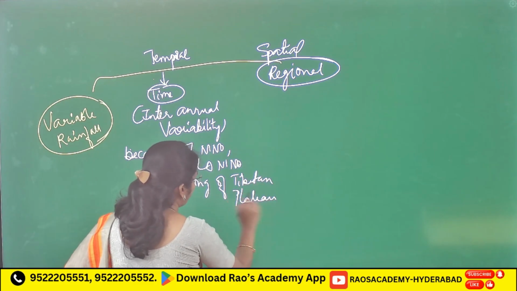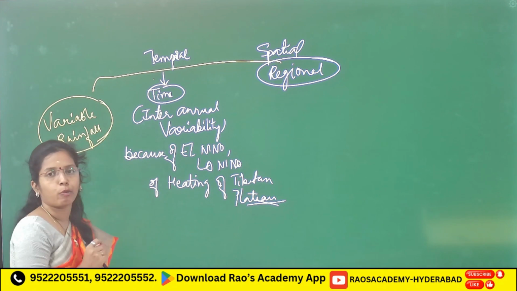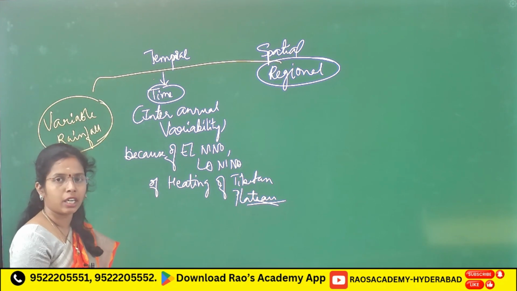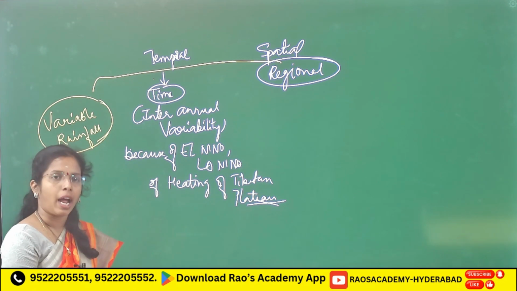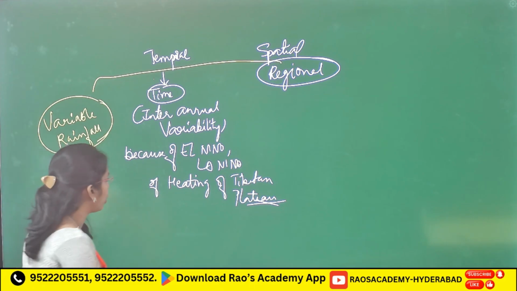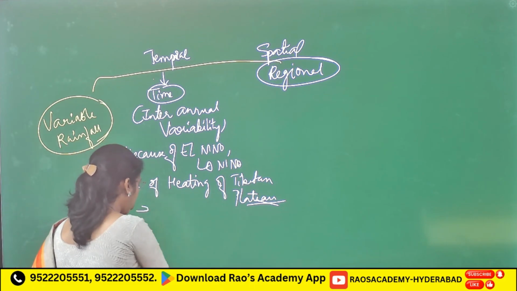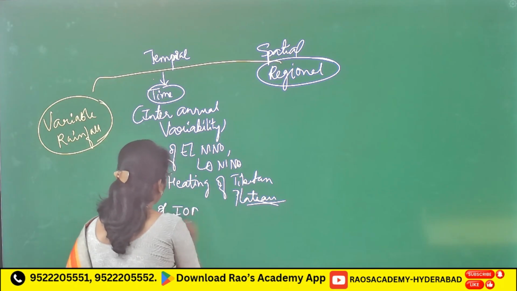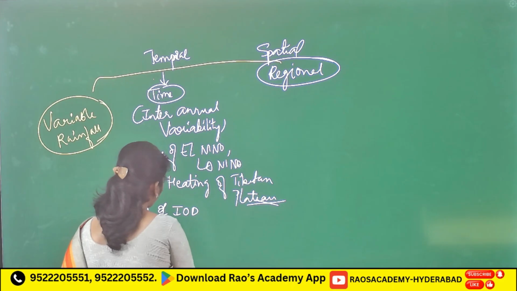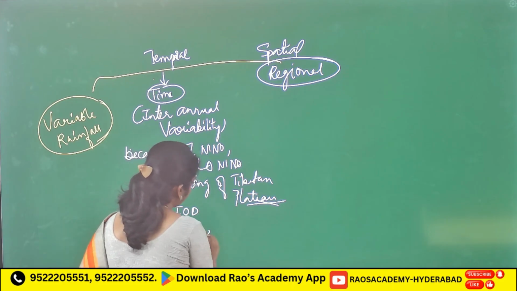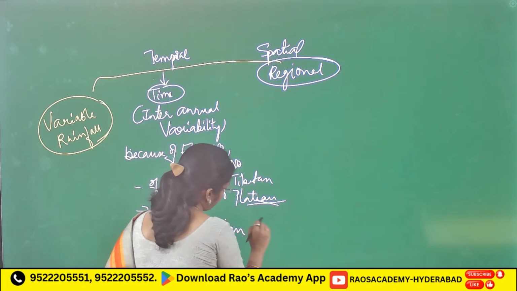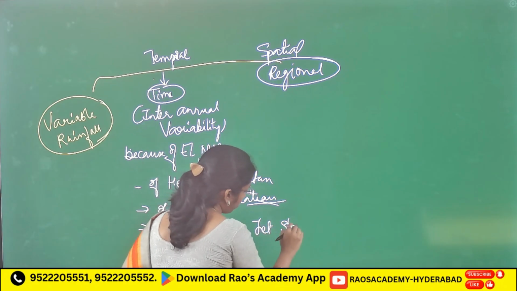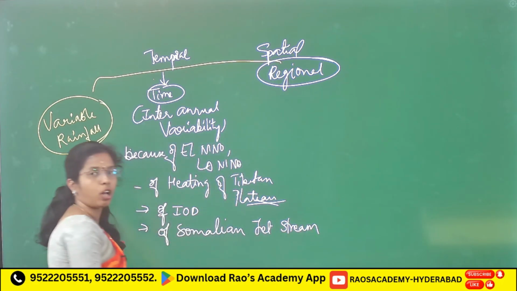This heating of Tibetan Plateau plays a very important role in Indian climate, Indian monsoon and in rainfall also. We are going to discuss in detail. And because of Indian Ocean Dipole, IOD effect, because of Somalian jet stream. Why am I writing all these reasons?